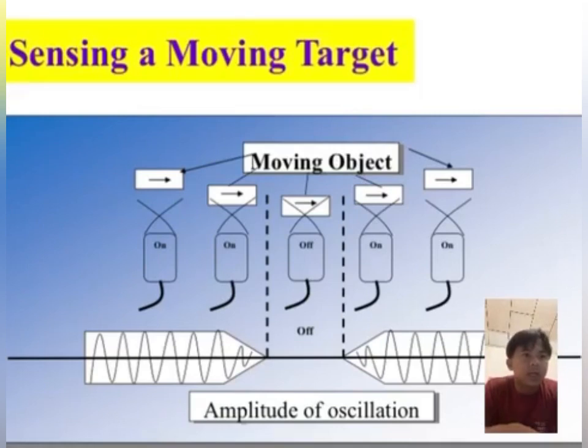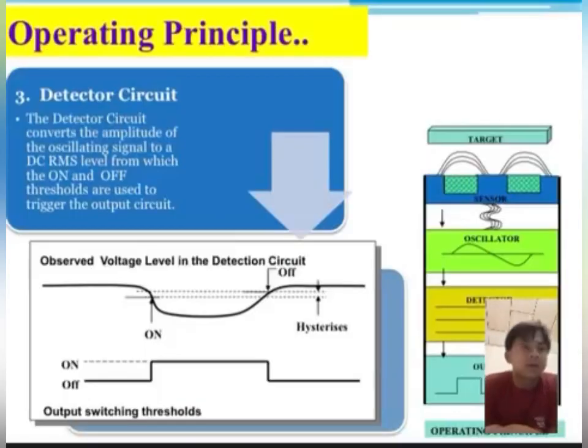Let's go to the third one, which is the detector circuit. The detector circuit will convert the amplitude of the oscillating signal to the DC RMS level, which will tell whether the sensor will turn on or turn off.